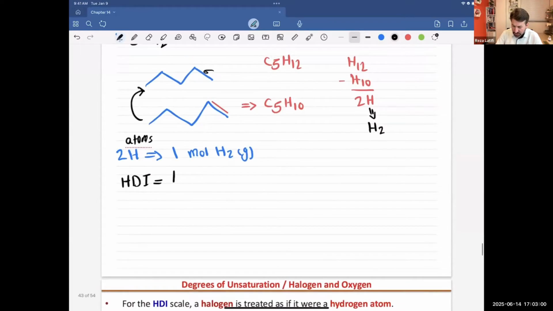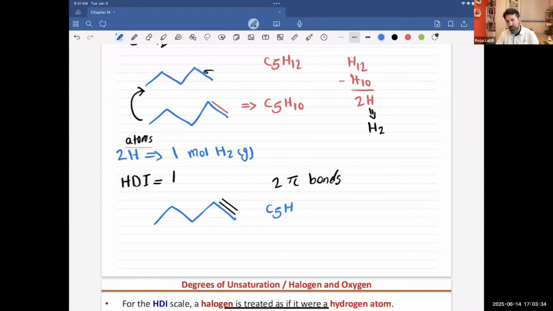And let's move to another structure. Next structure, we have this one. We're going to add a triple bond here. In this case, I have 2 pi bonds. In order to get 1 pi bond, we had to subtract 2 hydrogen. Now that I made 2 pi bonds, that means I subtracted 4 hydrogen from the starting compound. The formula here is going to be C5. How about hydrogen?